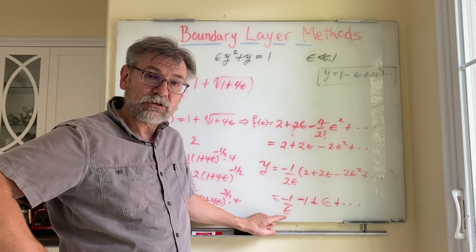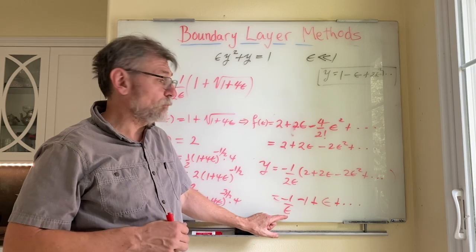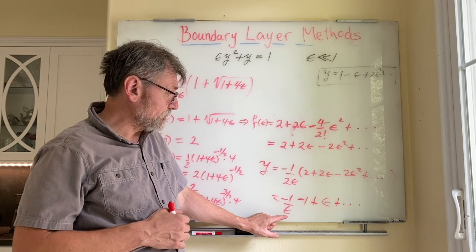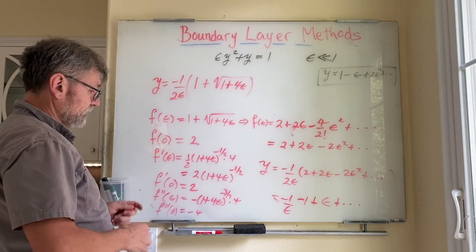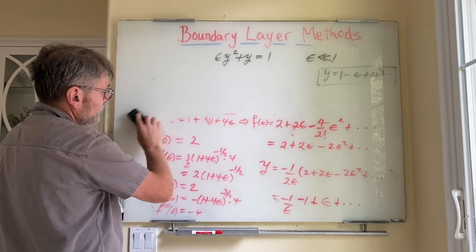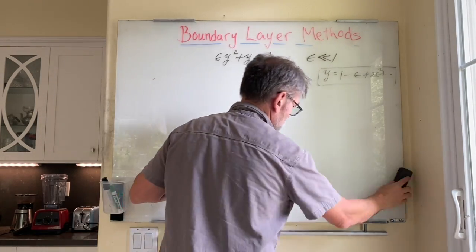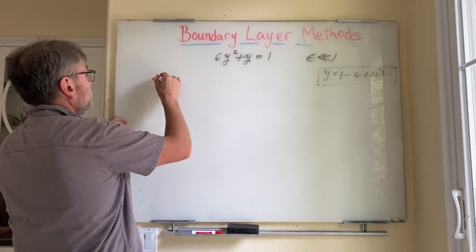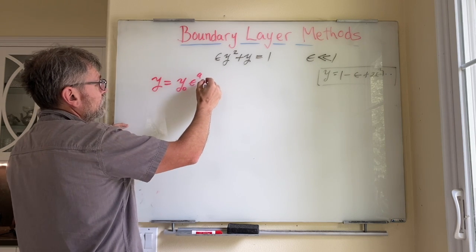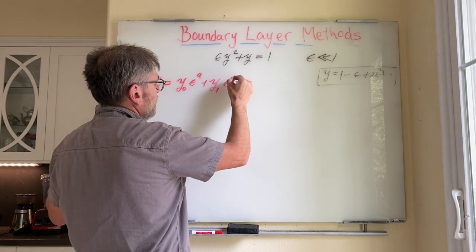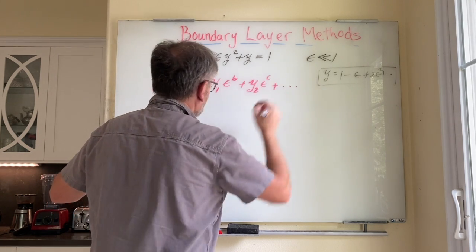And so this means that there are some series approximations which may not have positive integer powers of epsilon. So in that case we're going to try a more general form of the series expansion. We try y is equal to y naught times epsilon to the power a plus y1 times epsilon to the power b plus y2 times epsilon to the power c plus and so on.